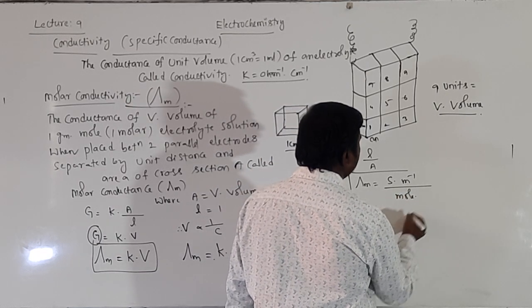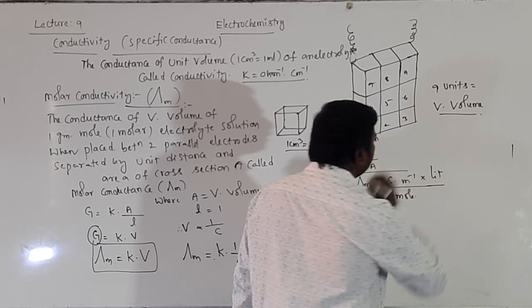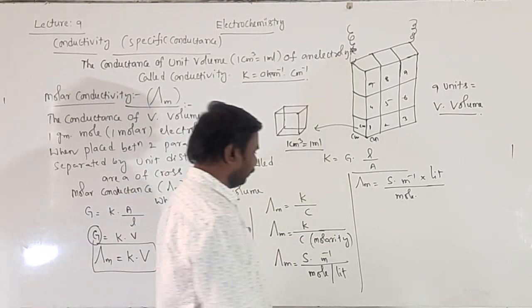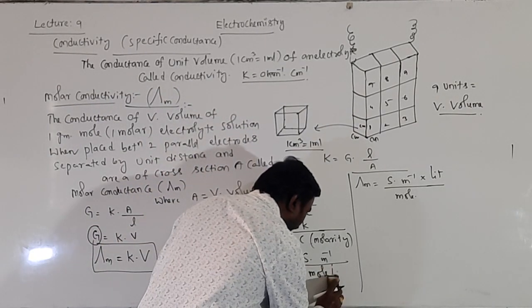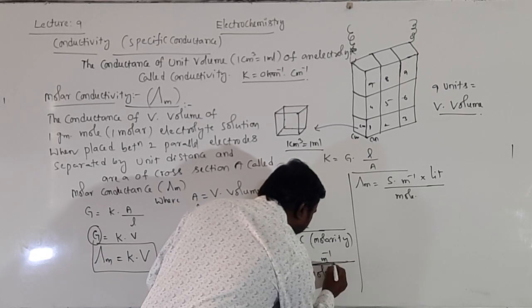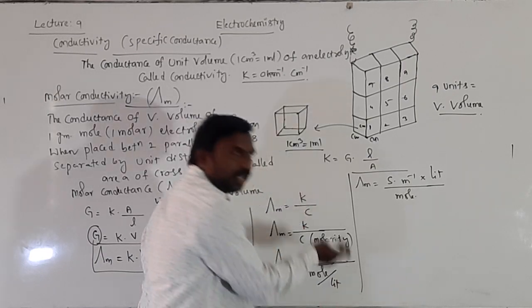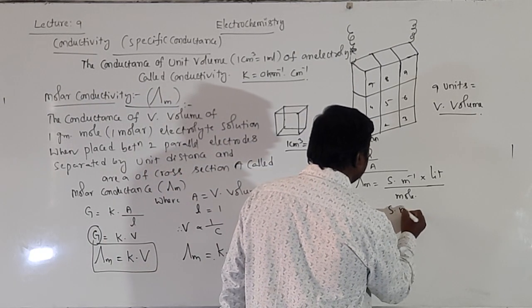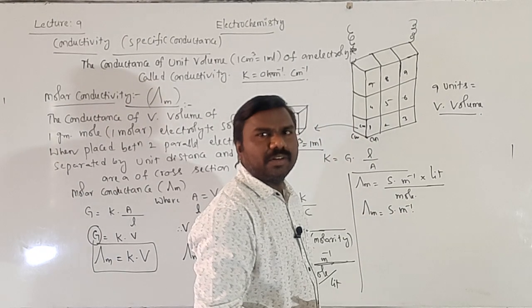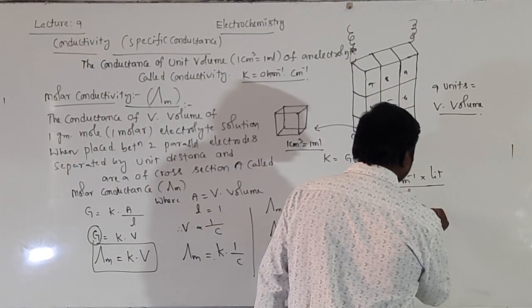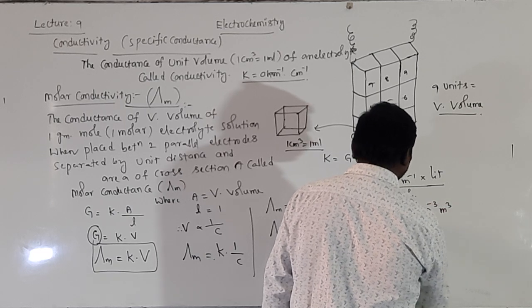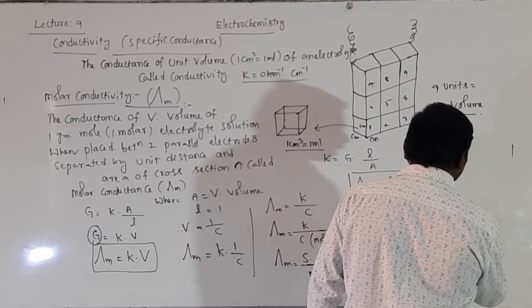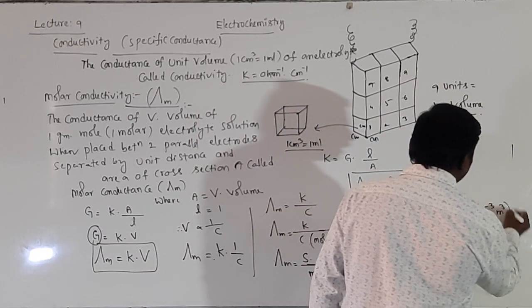Mole will stay here, and per liter will be shifted to the numerator. So lambda m equal to Siemens meter inverse liter by mole, where 1 liter is equal to 10 to the power of minus 3 meter cube.